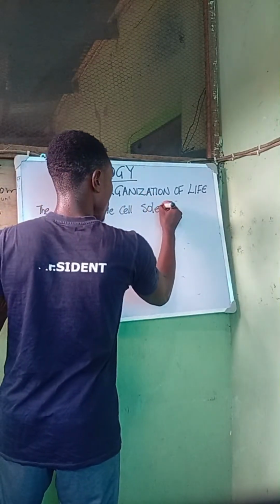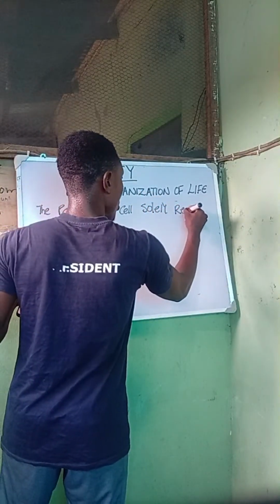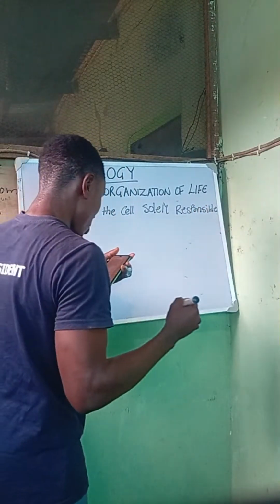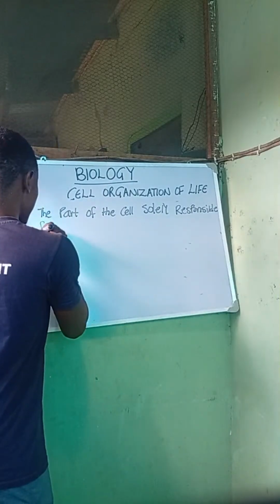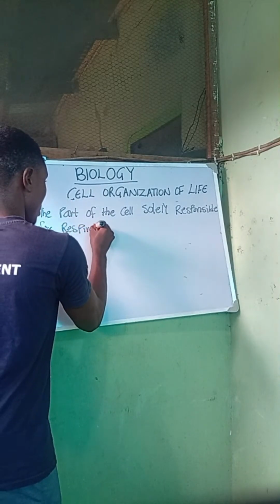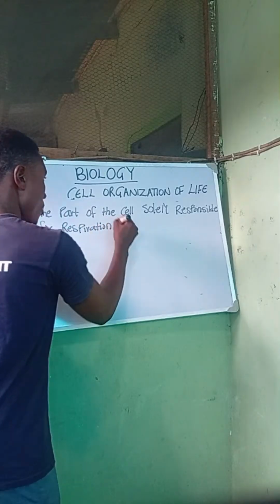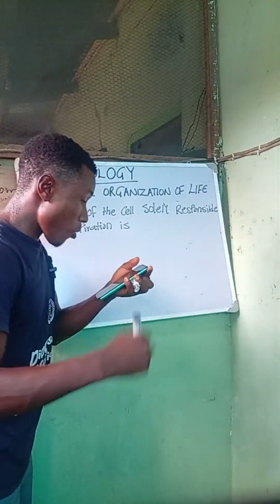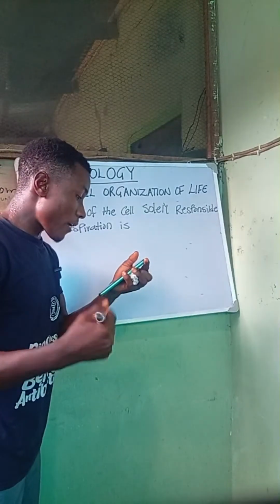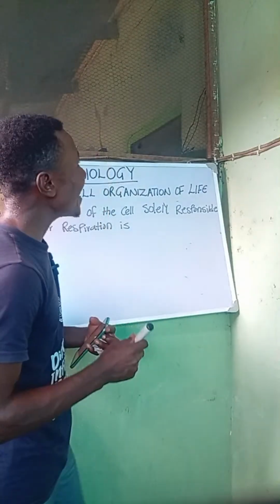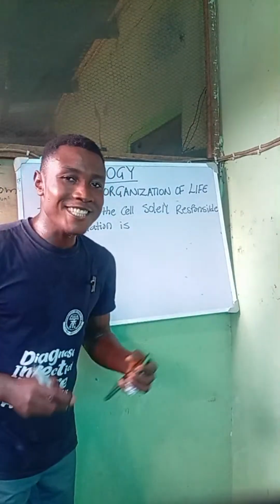We have A, the nucleus. Why did they even put the nucleus?